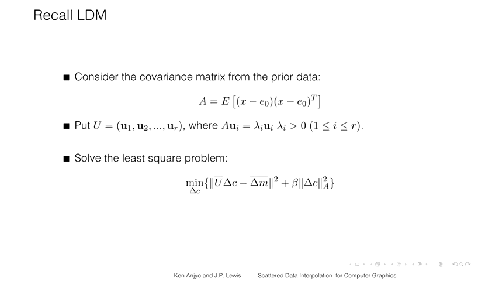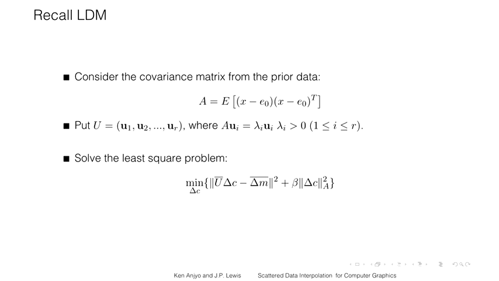So recall the case of learned direct manipulation. We consider the training data, motion capture data, and we first have the covariance matrix, which we denote by A here. Then we consider the eigenvalue analysis, and we have the eigenvalues and the eigenvectors.